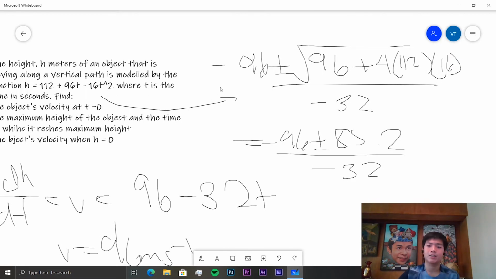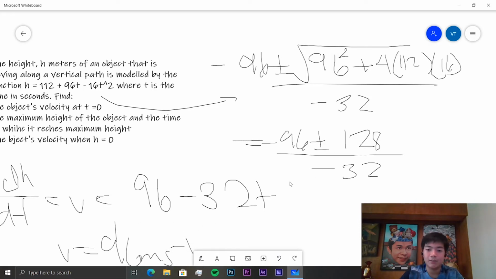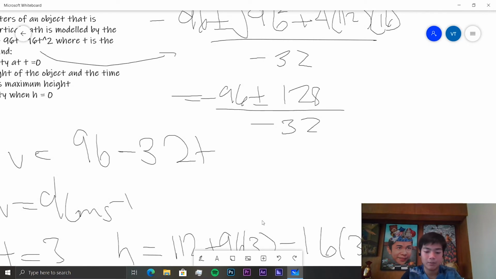Oh, 96 squared. Oh, I'm having an off day. So 96 squared minus 4ac should be equal to 96 squared plus 4 times 112 times 16, and the square root of all of that is equal to 128. Since this is over negative 32, we need to get the value where we subtract. So we have negative 96 minus 128 all over negative 32.